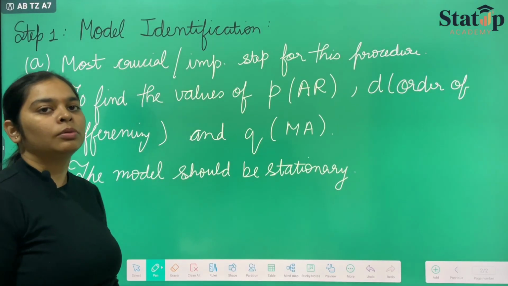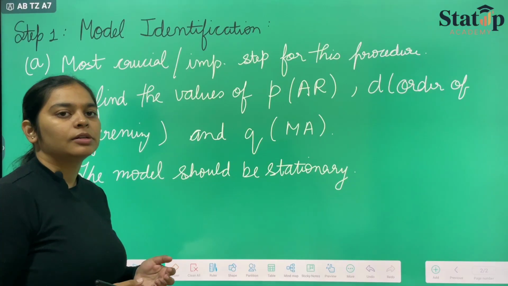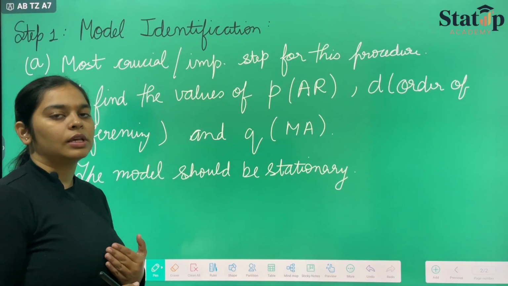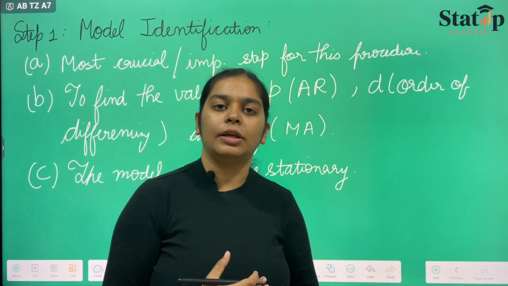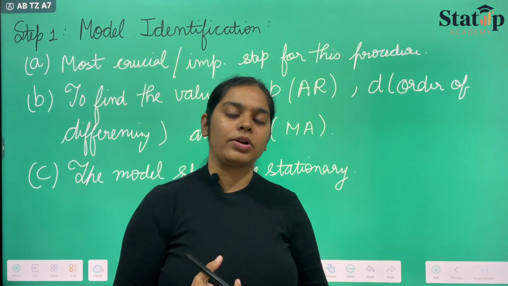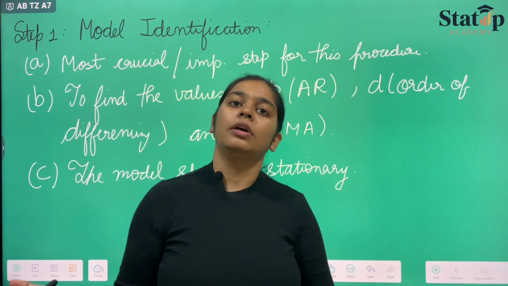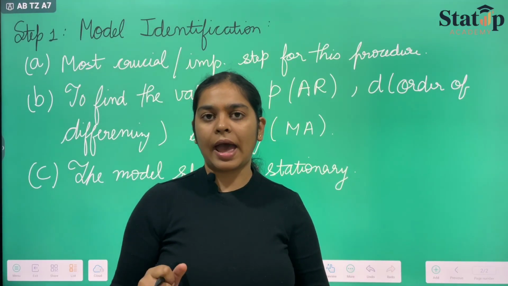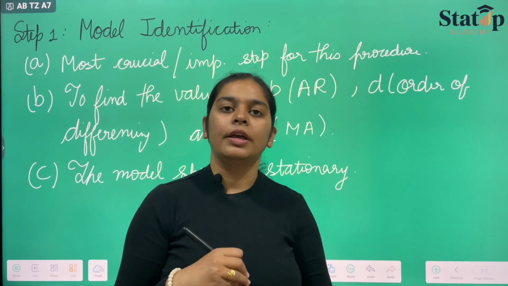Now, how can we convert a model from non-stationary to stationary? By differencing methods, like we'll do first order differencing, and if trend and seasonality both are present, then we'll do second order differencing. So that is how we convert our non-stationary model to a stationary model. And from this order of differencing, we'll get the value of d.